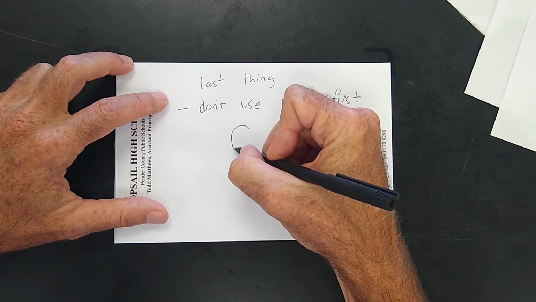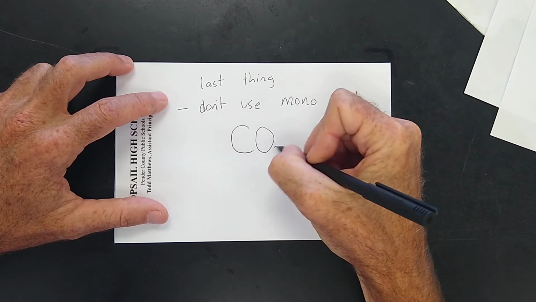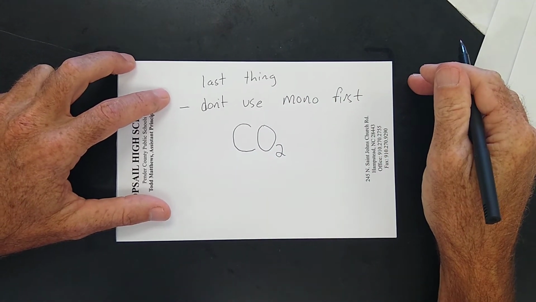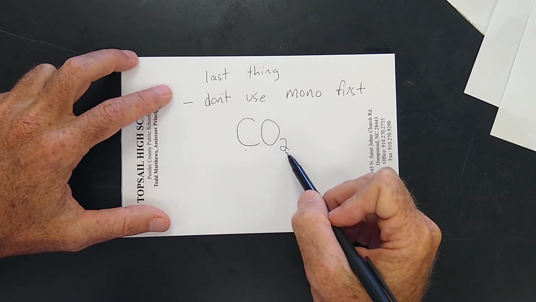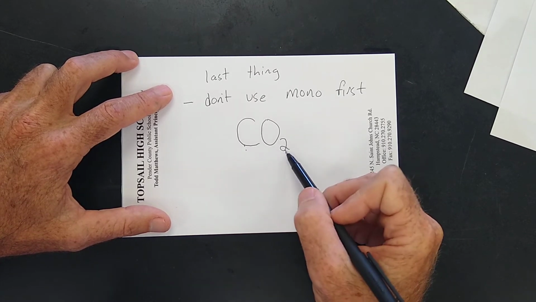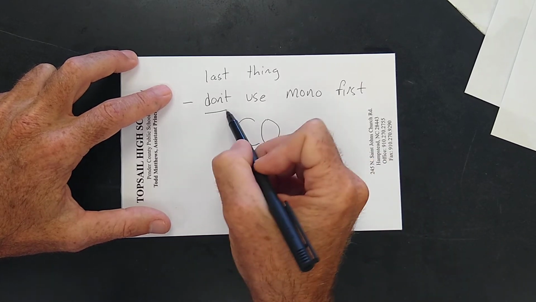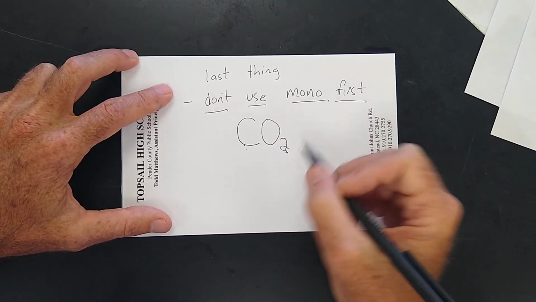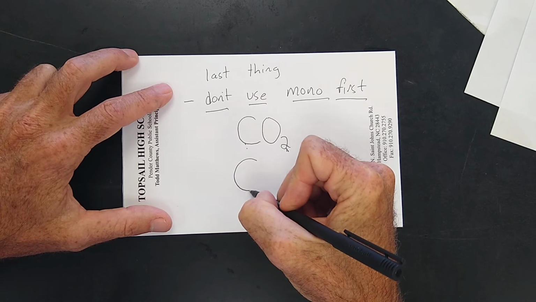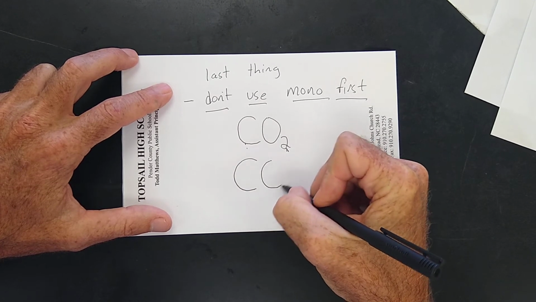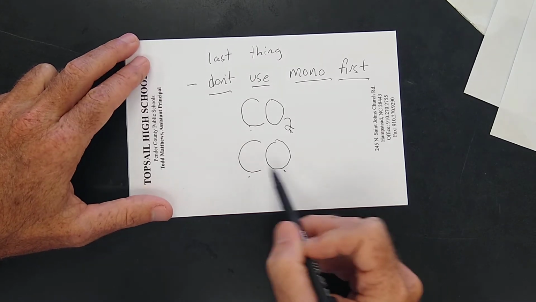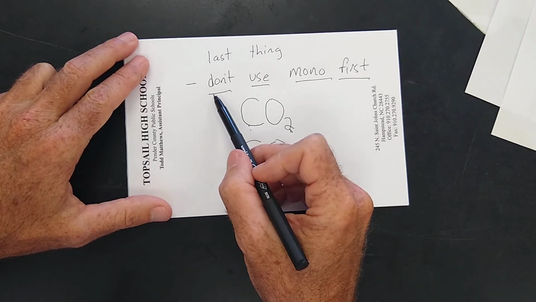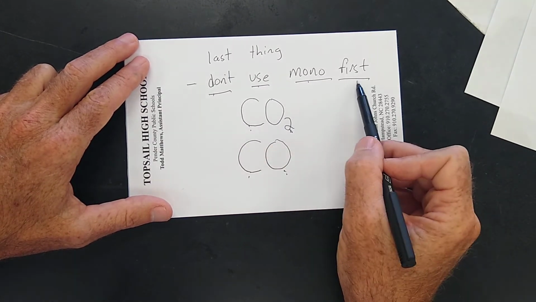What is the name of this gas that you exhale? That's right, that's carbon dioxide. Carbon dioxide. You don't say monocarbon dioxide. You don't use mono first. What's the name of this poisonous gas that comes out of your car? Carbon monoxide. Don't use mono first.